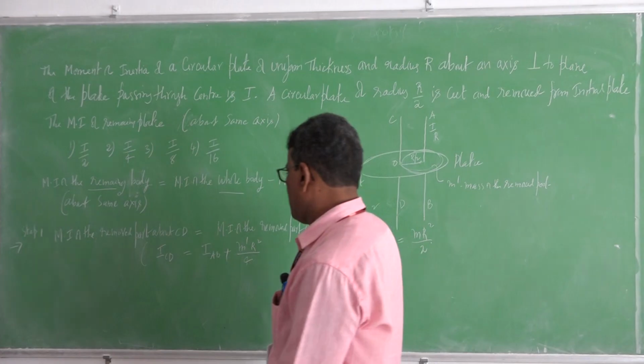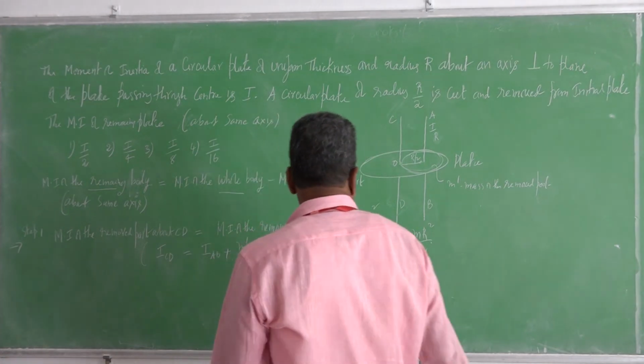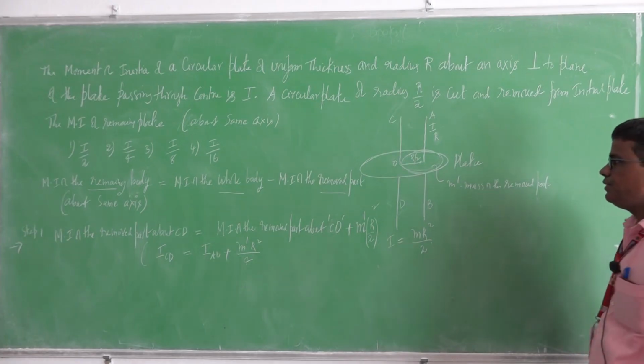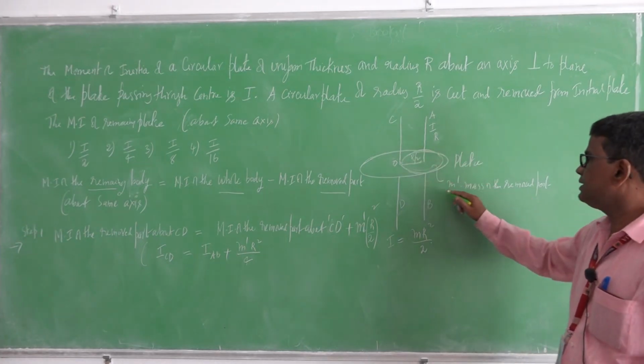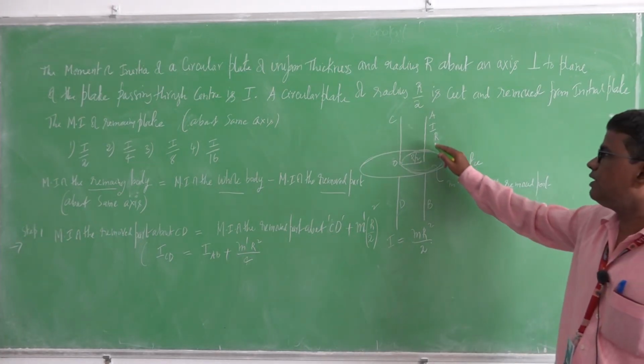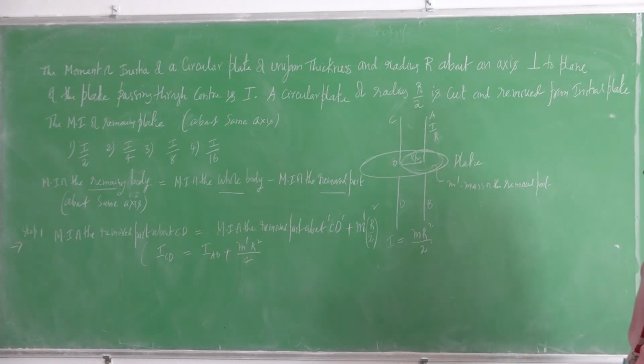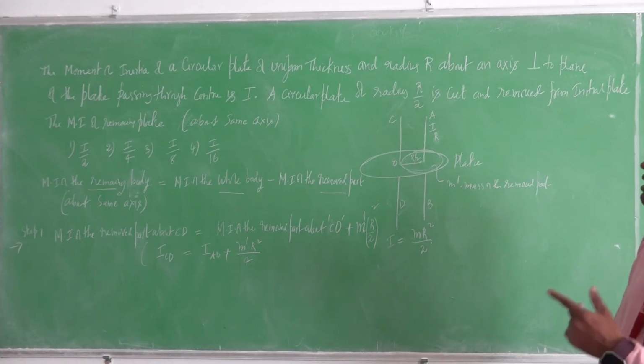Now I want to find I of AB. So I want m dash, the mass of the removed part. Its radius is r by 2, so you find m dash. Same thickness, radius r by 2.